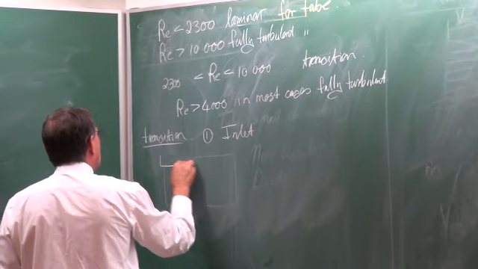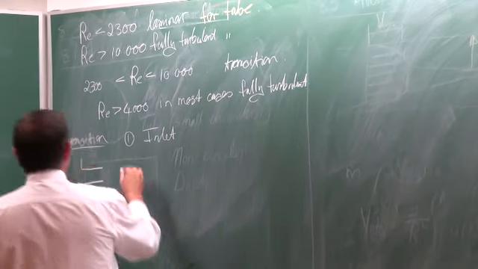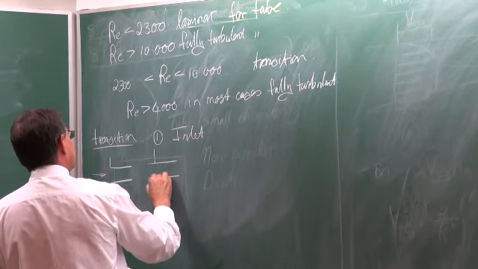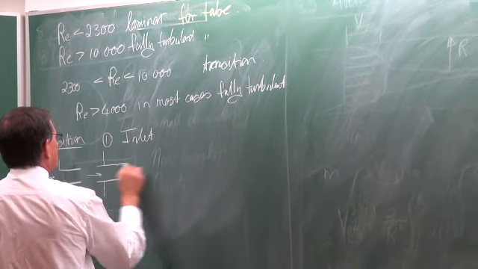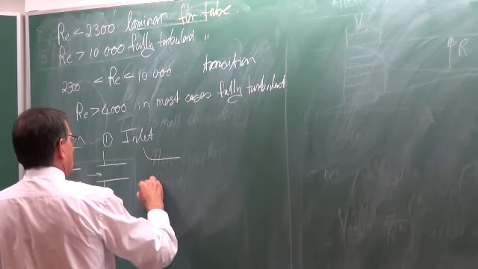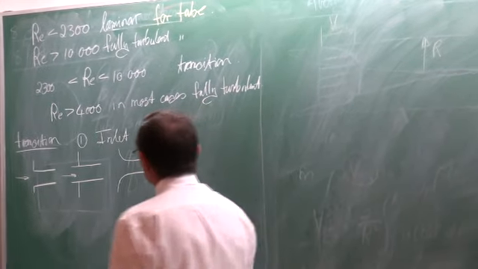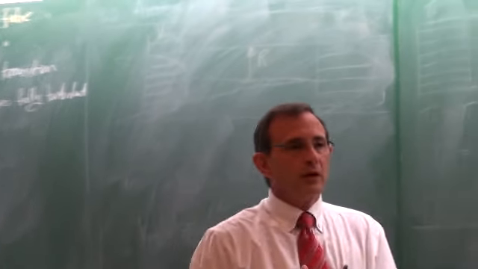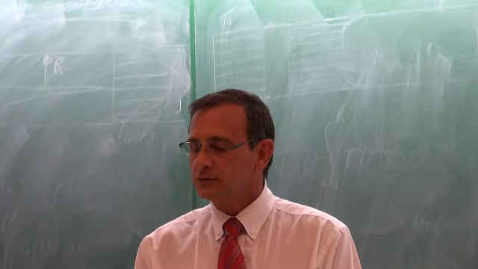So the inlet might look like that, or it might be something like that, or it might be smooth, a bell mouth type of inlet, and all of them will have different characteristics in terms of the transition from laminar to turbulent.